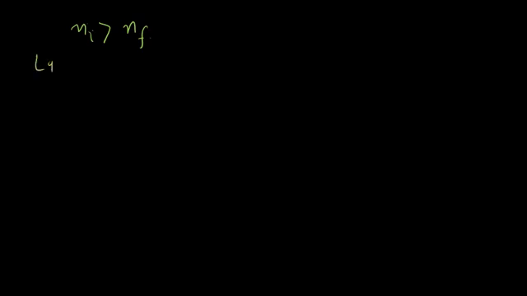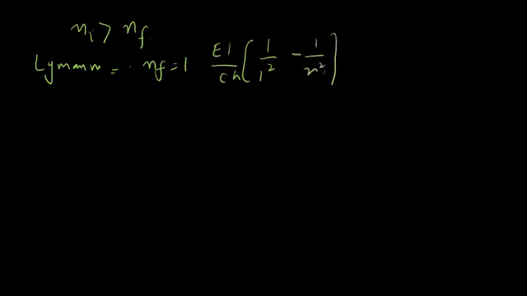For the Lyman series we can write the formula with nf equal to 1, and 1 over lambda will be equal to E1 over ch into 1 over 1 square minus 1 over n square, where n can be 2, 3, 4, any higher energy level.